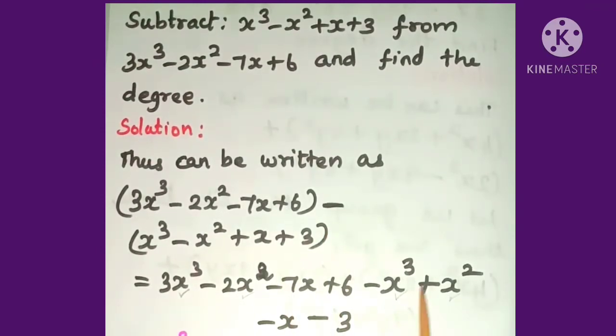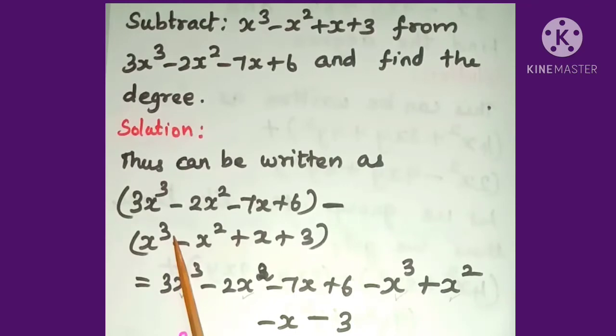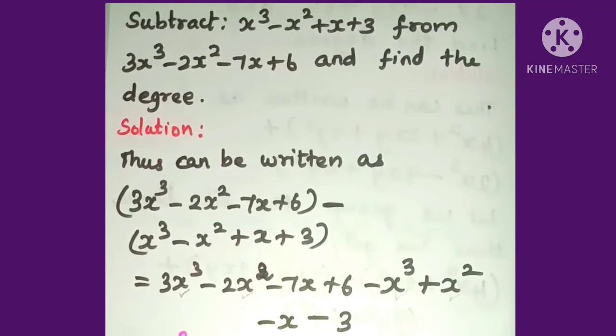Or else you can remove the bracket and change the sign of every term inside the bracket. That is, plus x cube becomes minus x cube, minus x square becomes plus x square, plus x becomes minus x, and plus 3 becomes minus 3.